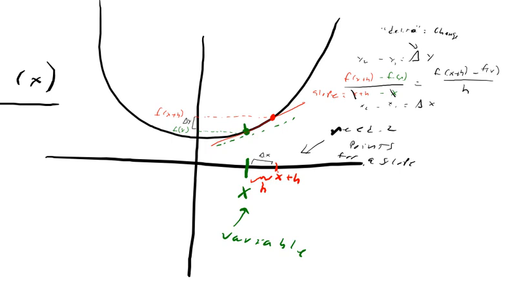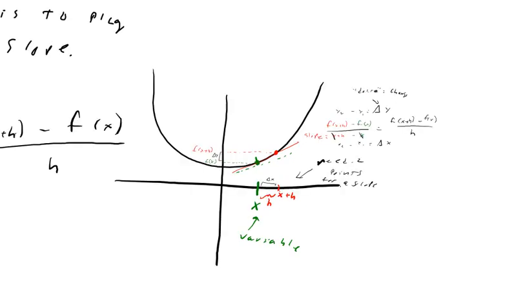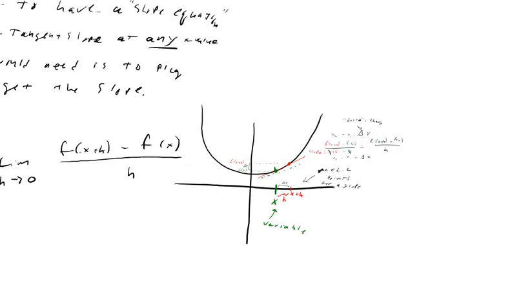And that's what we've done with this limit. So the slope of the green line, the tangent slope, let's see, this is my red slope, right?